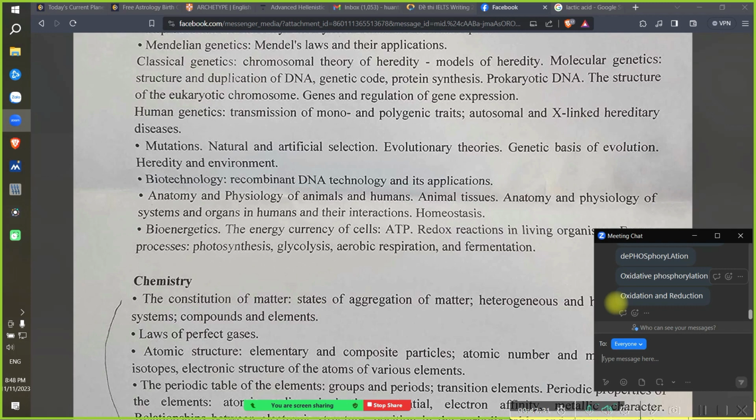And there's also a very important part in glycolysis, that is enzymes. Of all 10 steps in glycolysis, each step always goes with some enzyme.